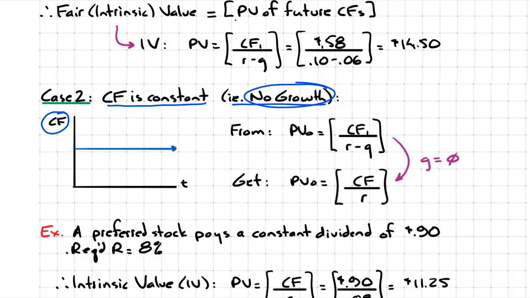At the same time, you can see that the subscript here is no longer relevant, because if the cash flows are the same each year, it doesn't matter if we're looking at the first cash flow or the cash flow 100 years from now. They're all going to be the same. So therefore, the framework we use in this constant cash flow scenario is right here.